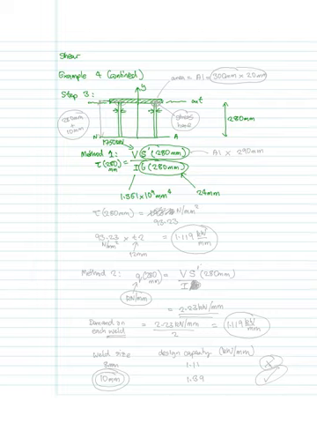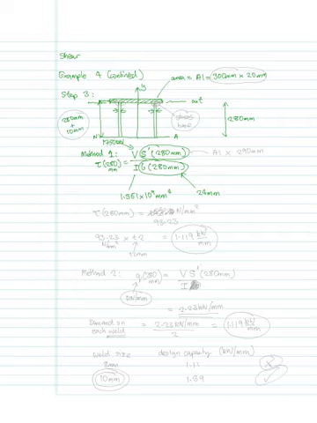So the area, let's just call it A1, is going to be 300 millimeters multiplied by 20 millimeters, and then the distance down is going to be 280 millimeters plus half of the top, which is 10.